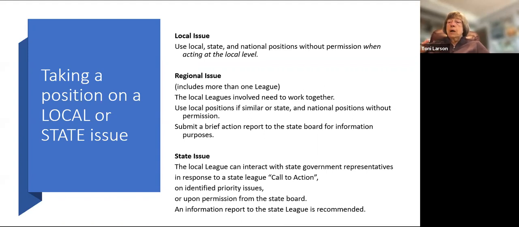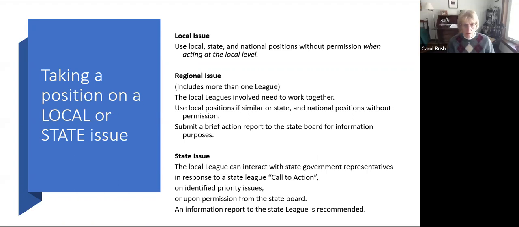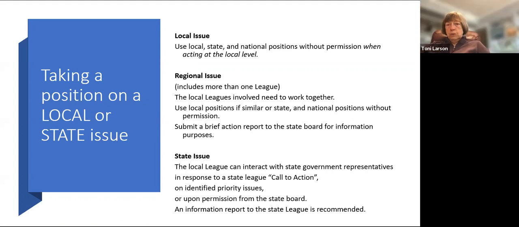So the two leagues needed to work together to address the issue and to decide how they were going to work. So this is an example of crossing the lines among the local leagues.